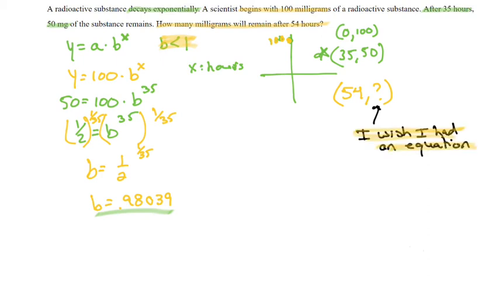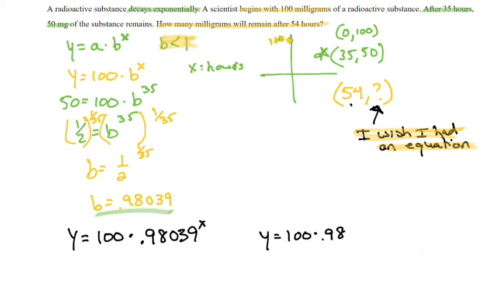So we actually have the base now, so I can go ahead and write my equation. I can finish my I wish statement. Here's my equation, y = 100 times 0.98039 to the x power. And now, why did I want my equation? Well, I wanted my equation so I could figure out the y value when x was 54, at 54 hours, right? It'd be nice if I had written this using function notation.